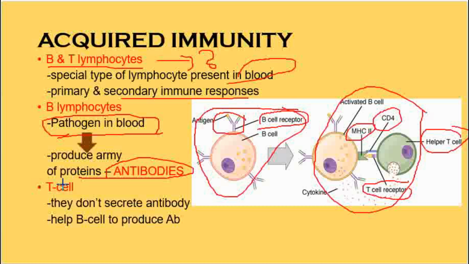The T cells don't have an antibody in the outer layer, so they don't secrete antibody. Only the B cell, the B lymphocyte, produces these proteins called antibodies, while the T cell doesn't secrete antibody, it helps the B cell to produce antibody. There are two types of T cell.